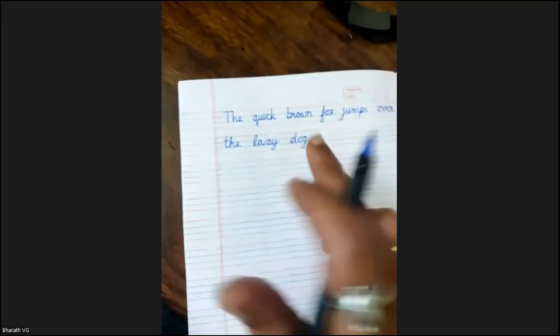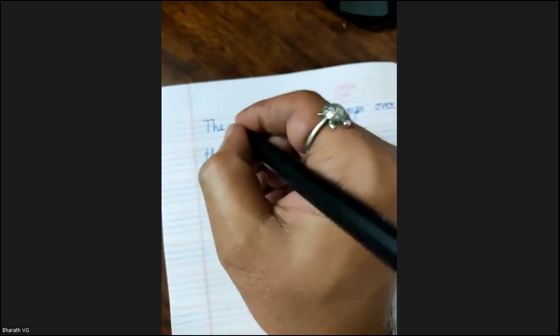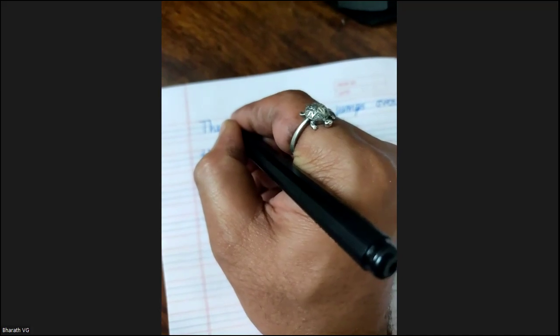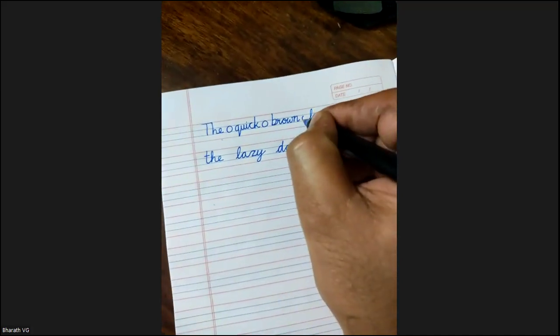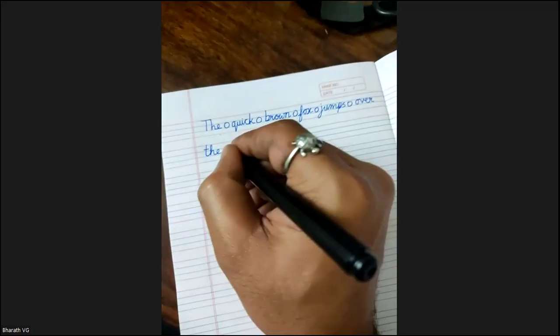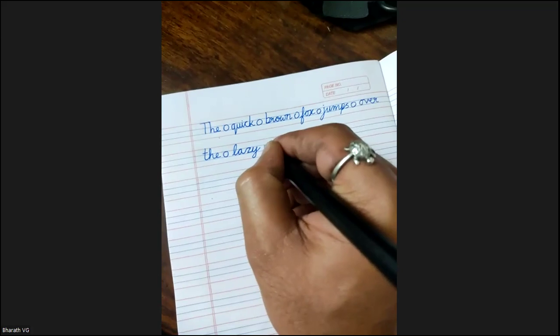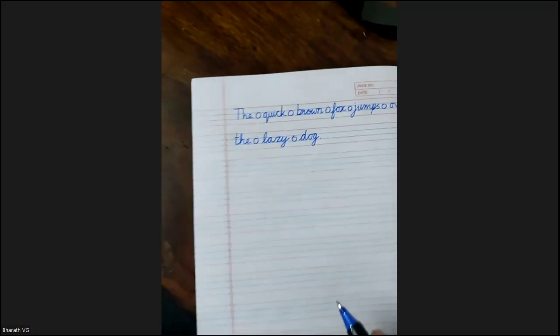See how the spacing is? It is a one finger space, or an O space. Okay, this is how the spacing has to be done.